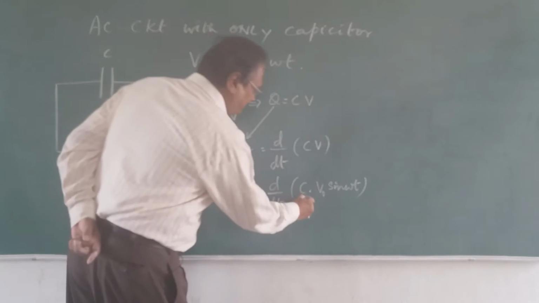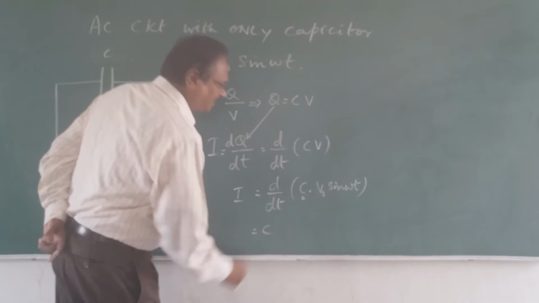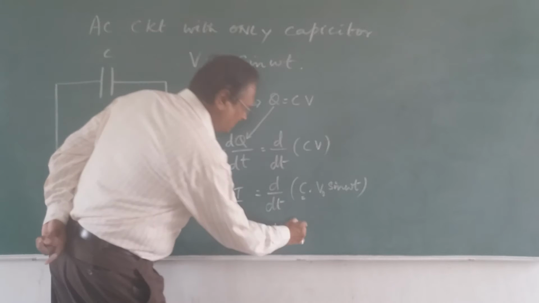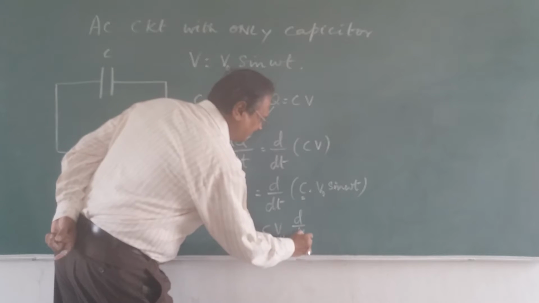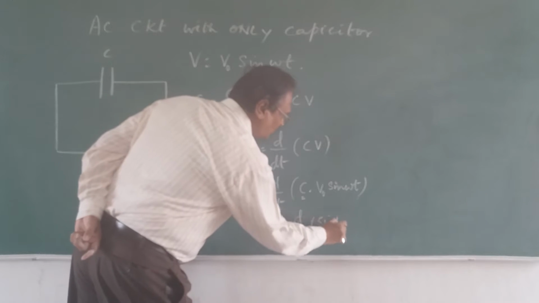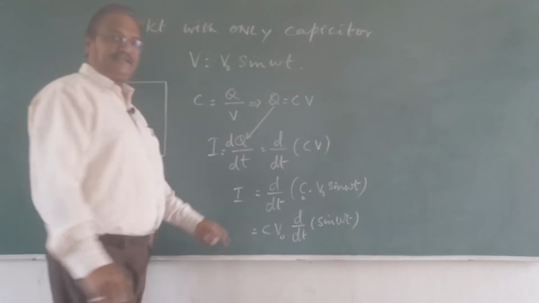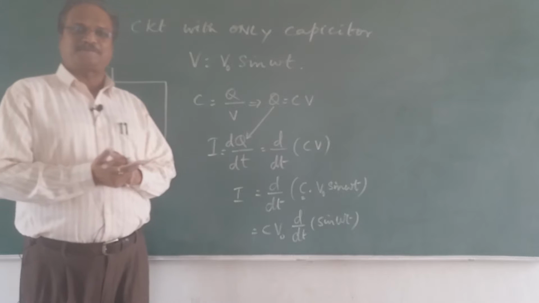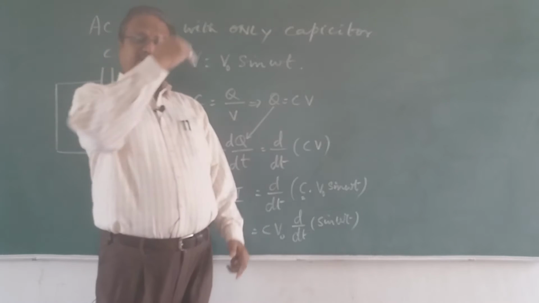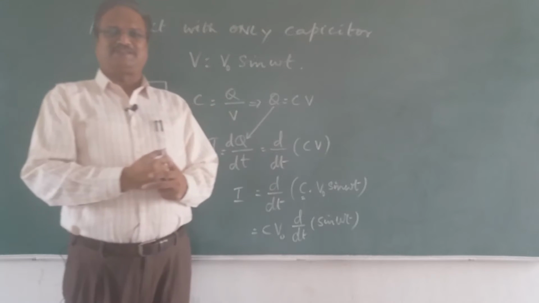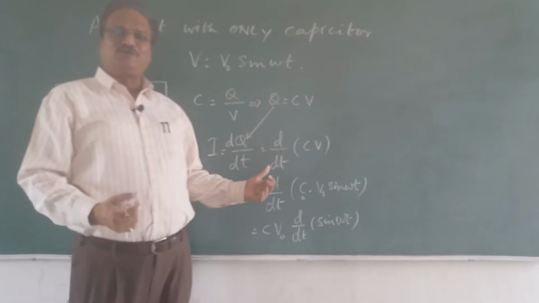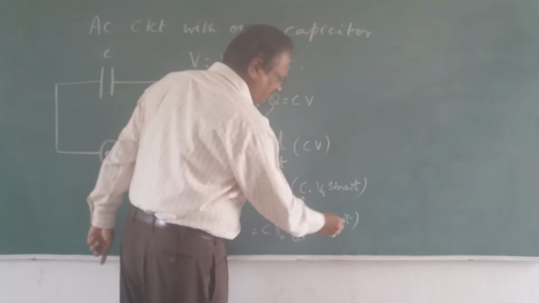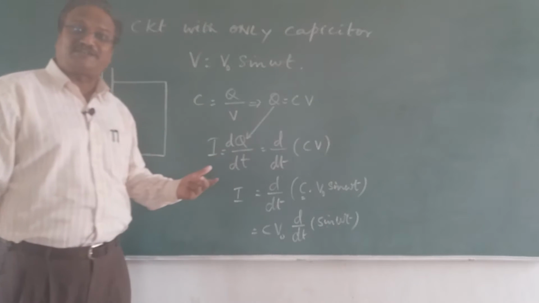Now C is capacitance, a constant, I can bring it out. V0 is the peak value, also a constant, I take it out, and I write d by dt of sine omega t. d by dt stands for differentiation. In inductor we did integration, and in capacitor we are going to do differentiation. So what will happen to sine theta? It will become cos theta.